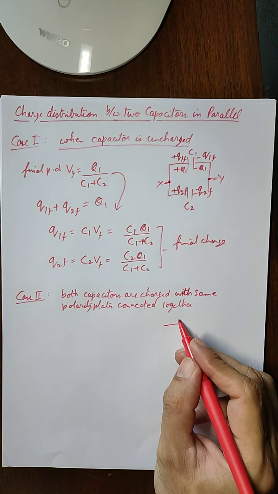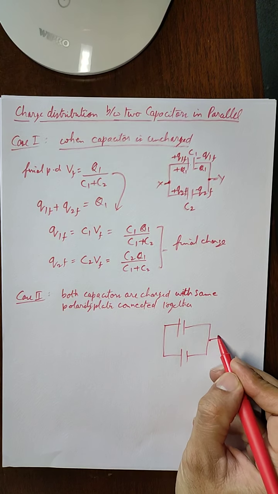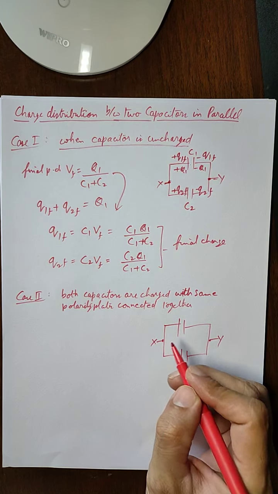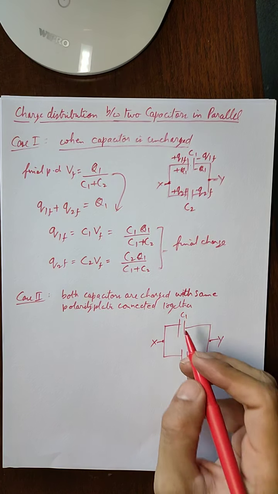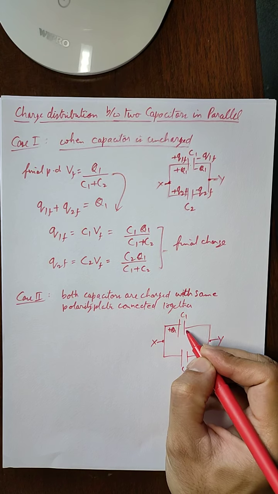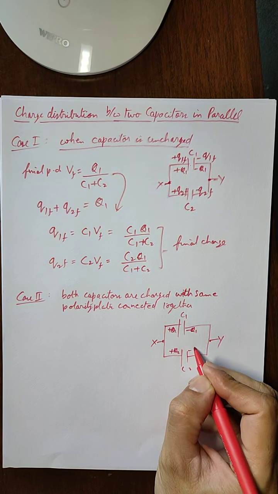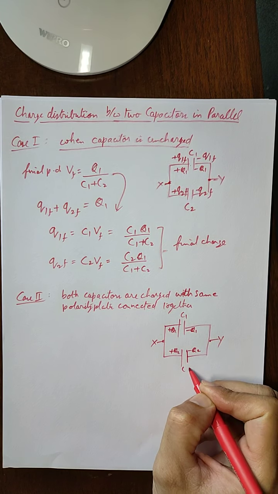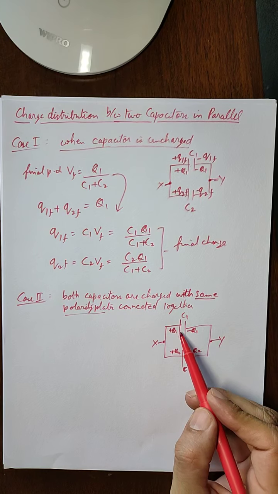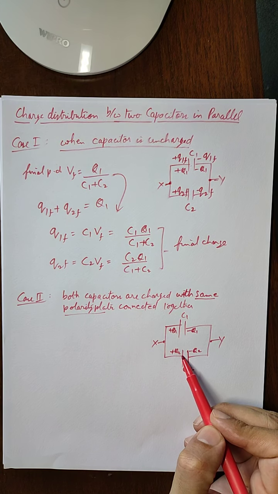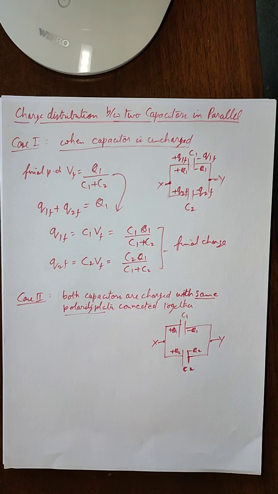So in this case we have again two capacitors like this between terminals X and Y. This is C1 and this is C2, and this is plus Q1 and minus Q1, and this is plus Q2 and minus Q2, because both are charged and the same polarity plates are connected together, that is, the positive plate of C1 is connected to the positive plate of C2 and the negative plate of C1 is connected to the negative plate of C2.